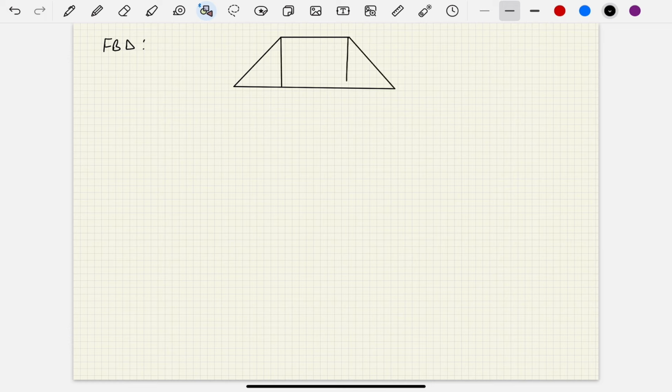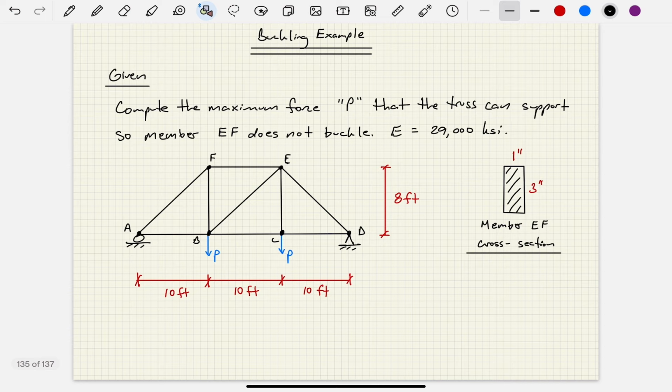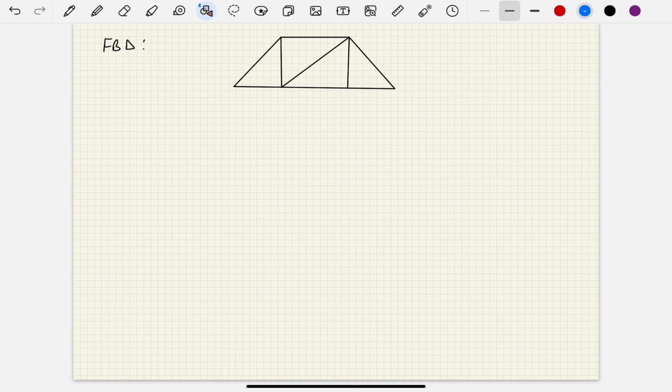Okay, this is a free body diagram of the entire truss. Make sure I drew that like I should have, okay? And then I have P hanging out here, P hanging out here. I've got an AY here. I believe we had a DY and a DX here.